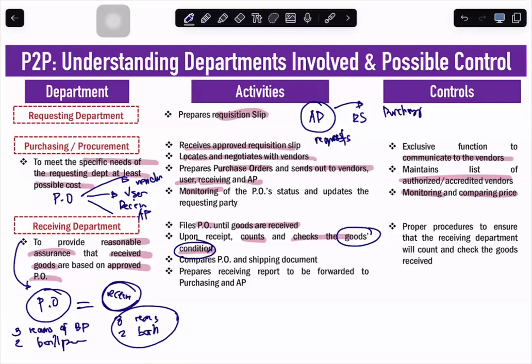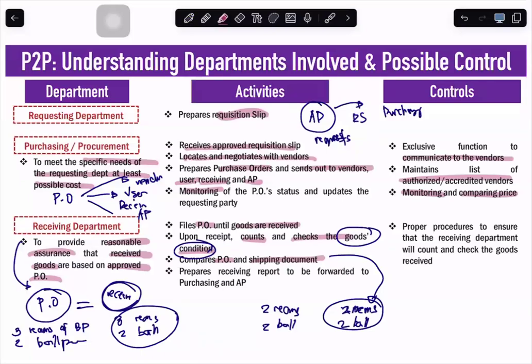At the same time, they also need to compare the PO and the shipping document. So let's say the shipping document says that they provided only 2 reams and 2 ball pen. Now, when you receive that, it should be equal to what has been shipped. That is 2 reams and 2 ball pen.